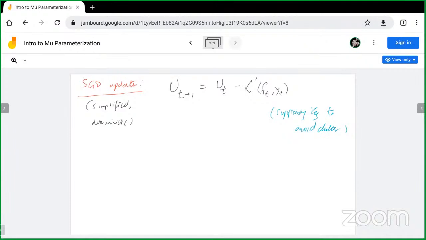Is it the same for all times? Oh, I guess you're doing SGD style, using different data points for different steps. Yeah, exactly, so I'm going to simplify the thing. This is a toy setting; we're not doing any real thing.